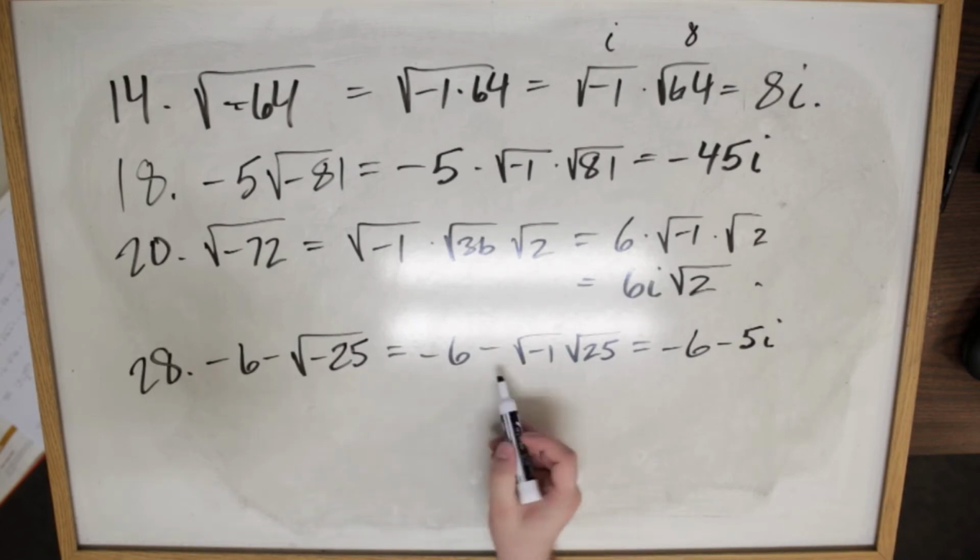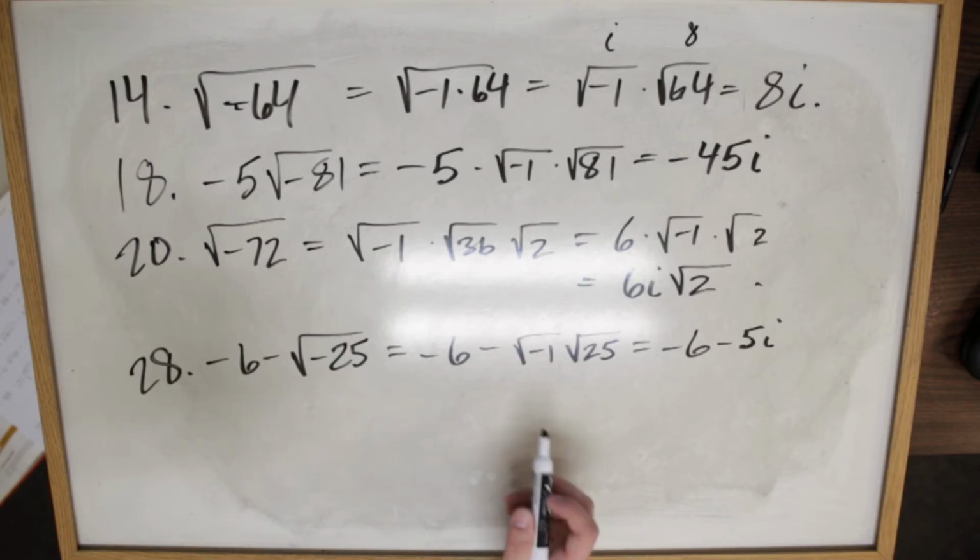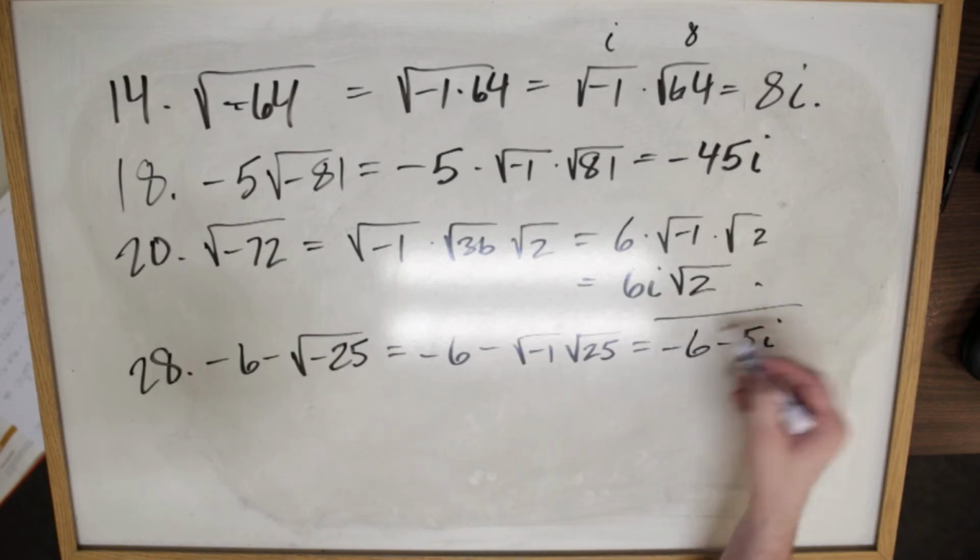A lot of times these minus signs, especially underneath the square root, will throw you off. I hope it doesn't, but just keep in mind that this is what the final answer is going to be.